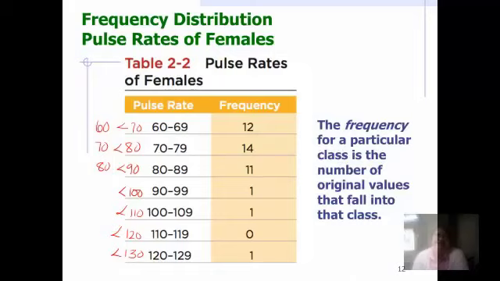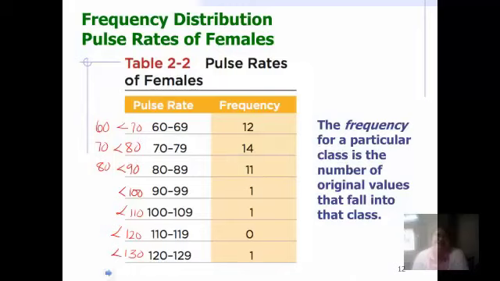By using that less than sign, automatically at the top of the class, if it's 70, it goes into the next class up.